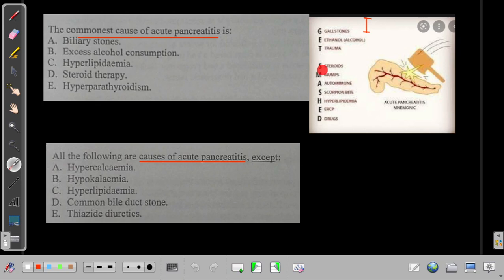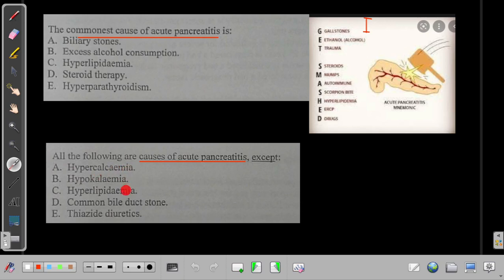S smashed, S for steroids, M for mumps, and A for autoimmune, S for scorpion bite, H for hypercalcemia and hyperlipidemia, E for ERCP, and D for drugs. I get smashed. Okay?